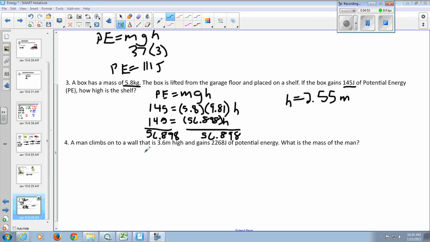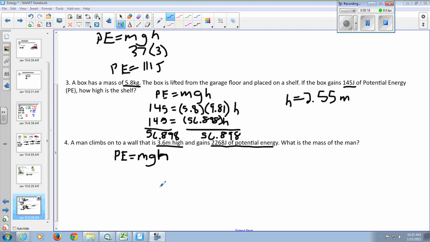The last one talks about a man climbing onto a wall that is 3.6 meters high, gains 2,268 joules of potential energy. We want to know what the mass of the man is. So the mass of the man will be solved through the potential energy equation. Potential energy equals mass times gravity times height.